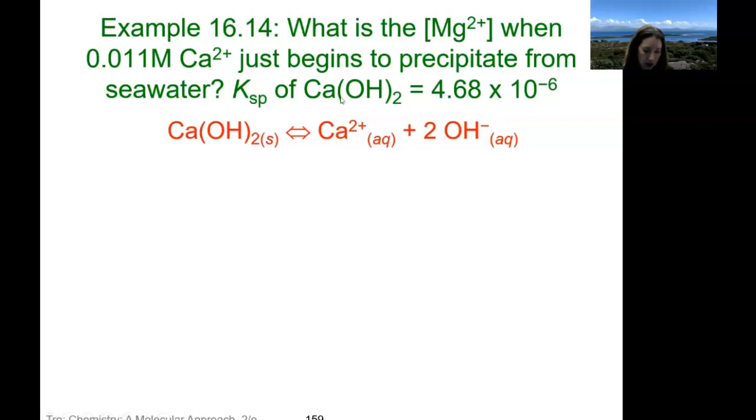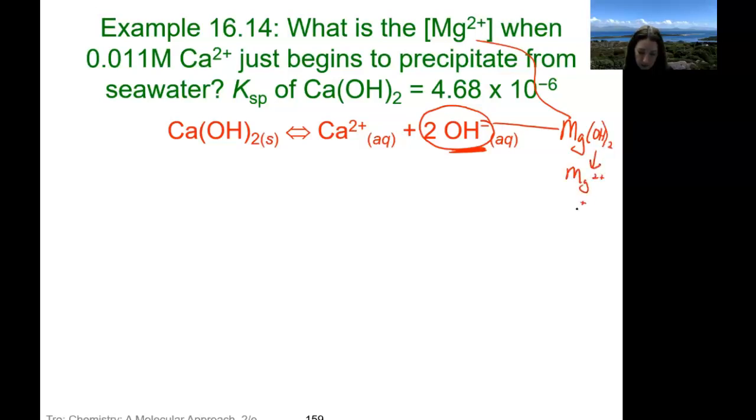We have the concentration of calcium. So if we have the concentration of calcium, we could solve for the concentration of hydroxide, right? And then we could use that concentration of hydroxide to find magnesium, because magnesium hydroxide is another Ksp we can use.